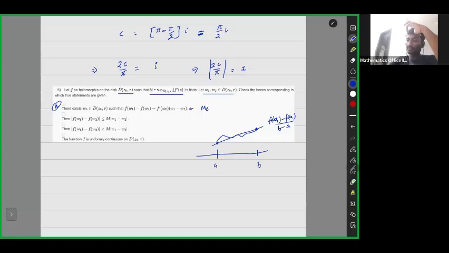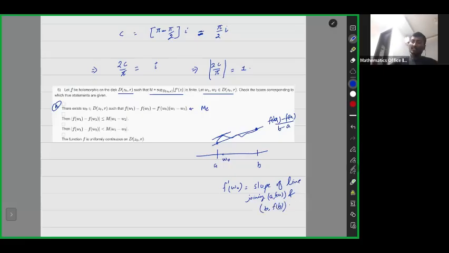For example, the slope of the tangent at this point, our w naught, f prime at w naught, is the slope of the line joining a comma fa and b comma fb.